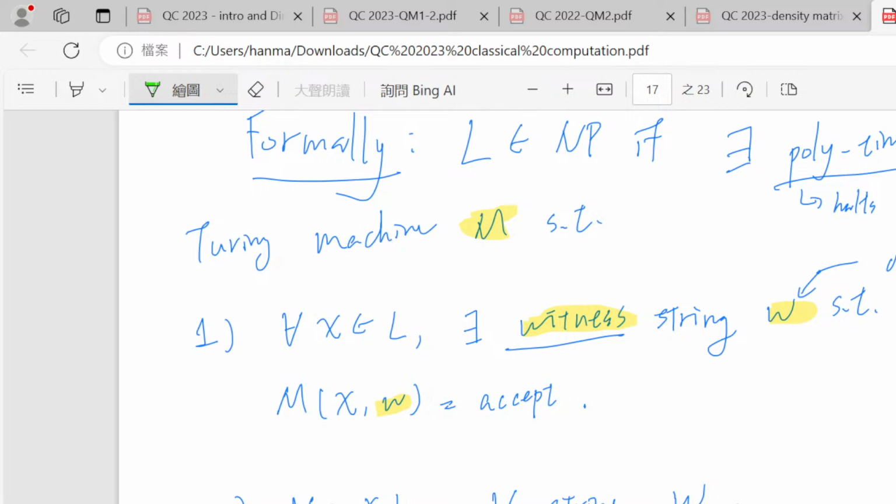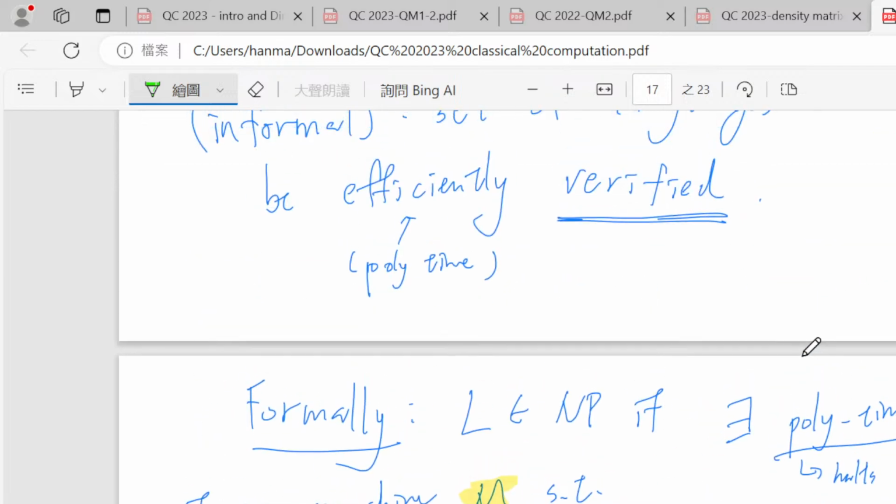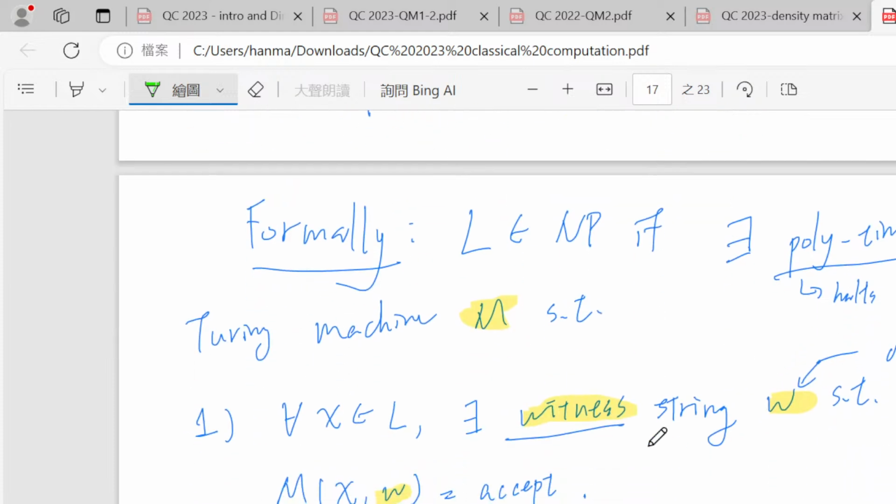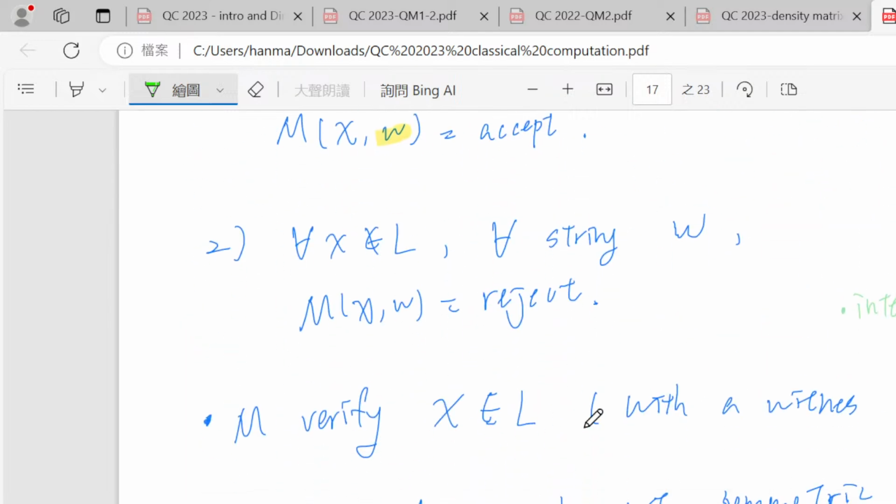So this is NP. If x is in L, then there is some proof that you can supply to your verifying machine along with the input to prove that your x is actually inside your language. And this machine must run efficiently.